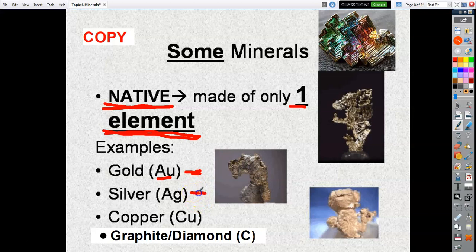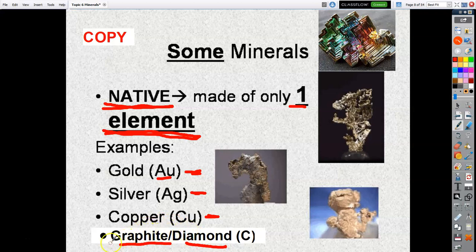Same thing with silver, Ag, copper, Cu. And then comes carbon. Now, carbon is on the periodic table. Carbon is the only element in 2 very different minerals, which I always find fascinating, graphite and diamond. And they are on opposite sides of the hardness scale, which we'll talk about here in a little bit.